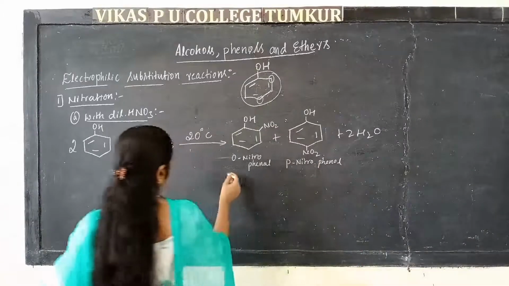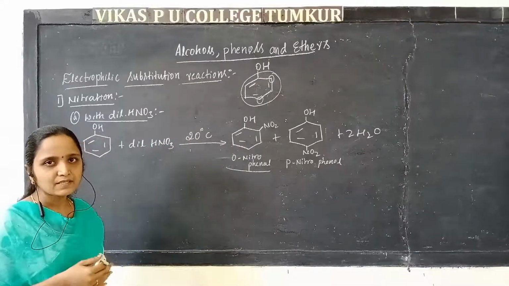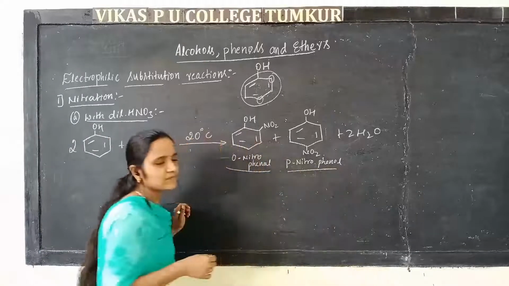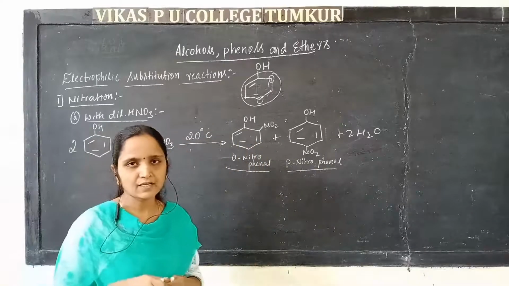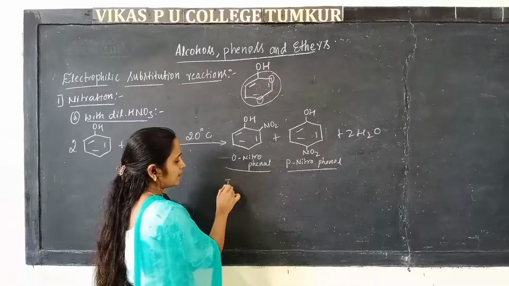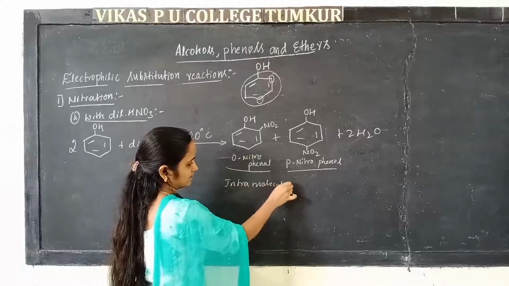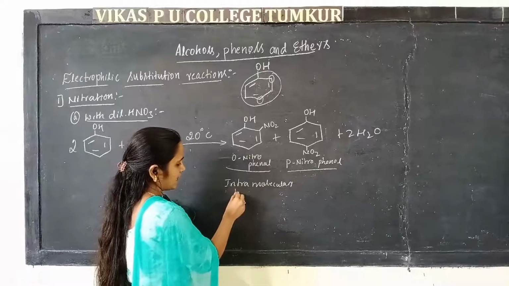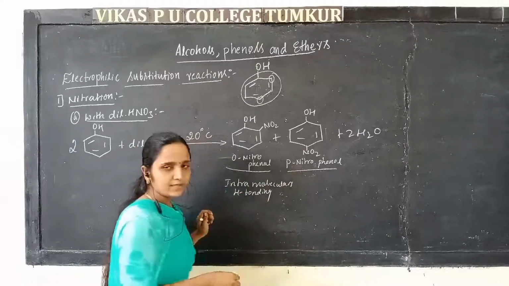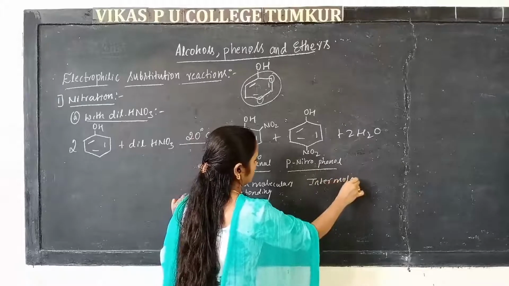Ortho-nitrophenol is steam volatile, but para-nitrophenol is less volatile. Due to this, in ortho-nitrophenol we see intramolecular hydrogen bonding, but in para-nitrophenol we see intermolecular hydrogen bonding.